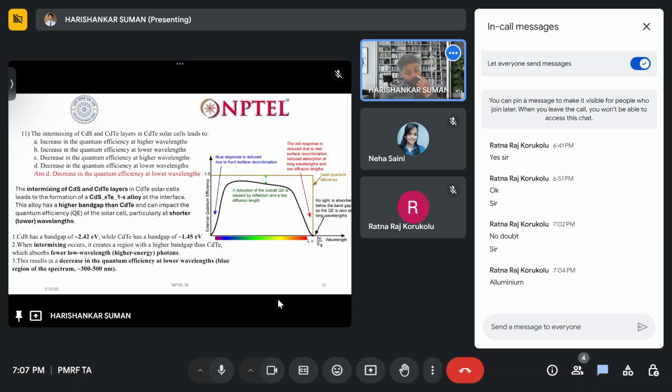So intermixing of cadmium telluride and cadmium sulfide during cadmium telluride cell fabrication leads to formation of a CdS(x)Te(1-x) alloy. This alloy is formed at the interface. This alloy has a higher band gap than cadmium telluride and can impact the quantum efficiency of the solar cell, particularly at shorter wavelength.